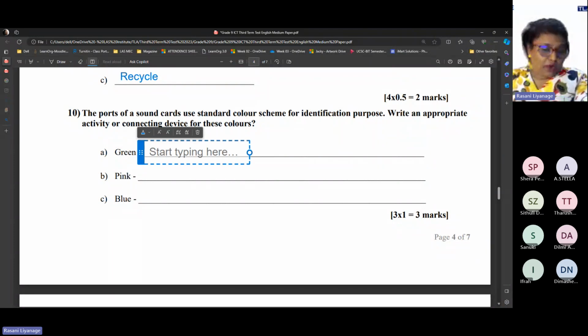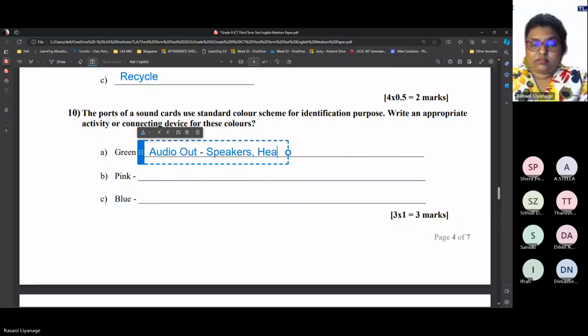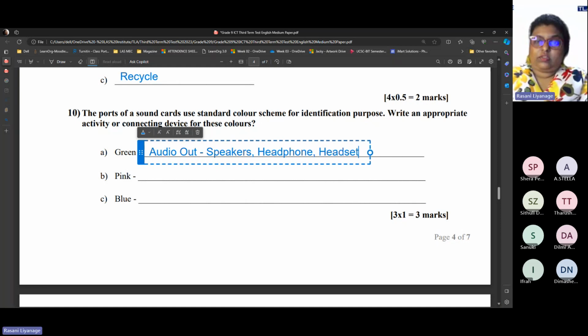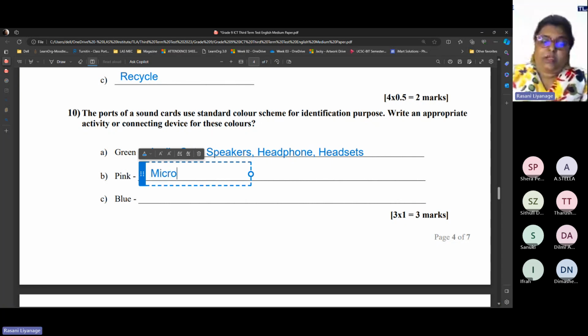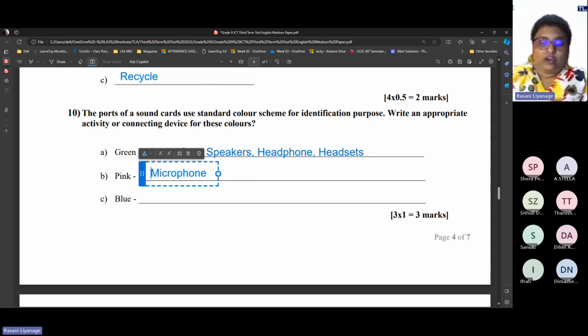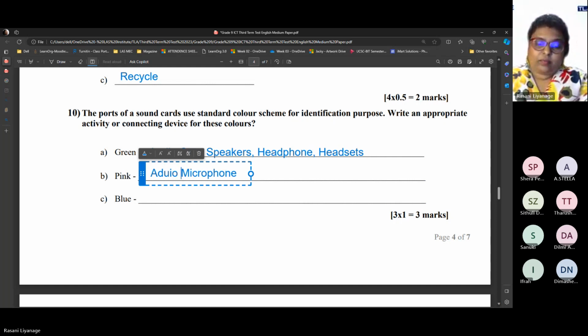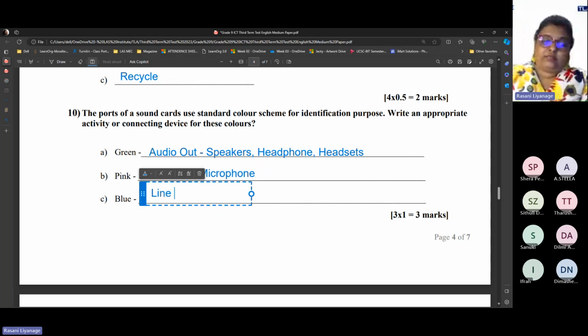So green is output. So that is audio out, speakers, headphones, headsets. Pink is for microphone. Blue is for that you can say audio in even. Blue is for lining.